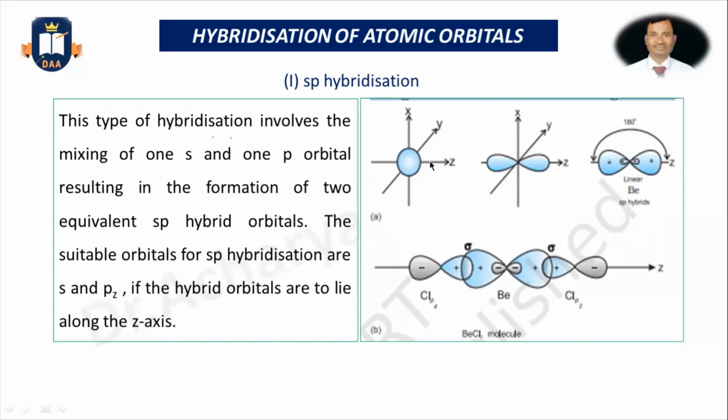This is the z axis. So pz orbitals will directly participate to form the sp hybrid orbitals. This is the example of beryllium.